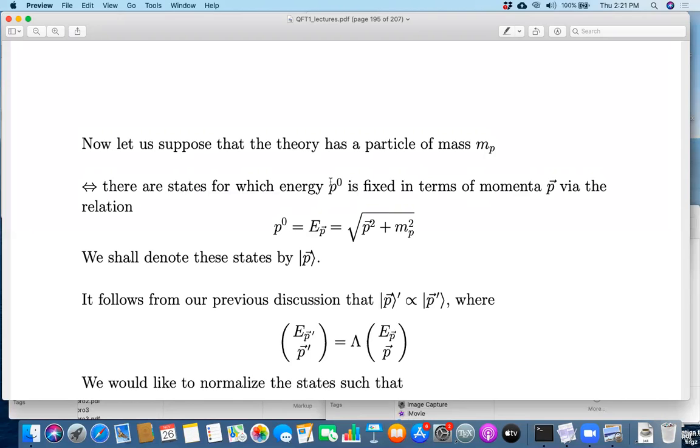The theory may also have two particle states for which individual momenta are not conserved. We are saying that there will be at least one class of states in the theory for which this is true, and those we will call the single particle states, where in the whole universe there is a single particle.